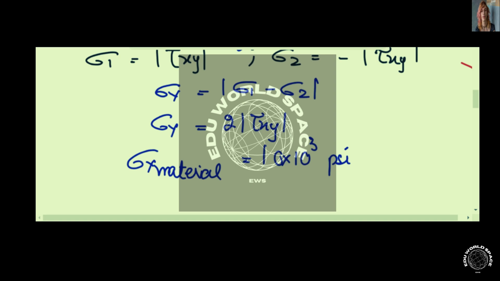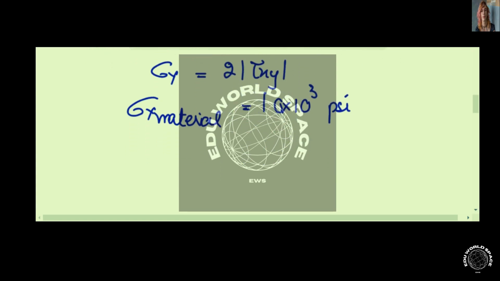Now the coefficient of safety or factor of safety, let's call it K, is equal to the yield stress of the material divided by the yield stress that we just calculated.